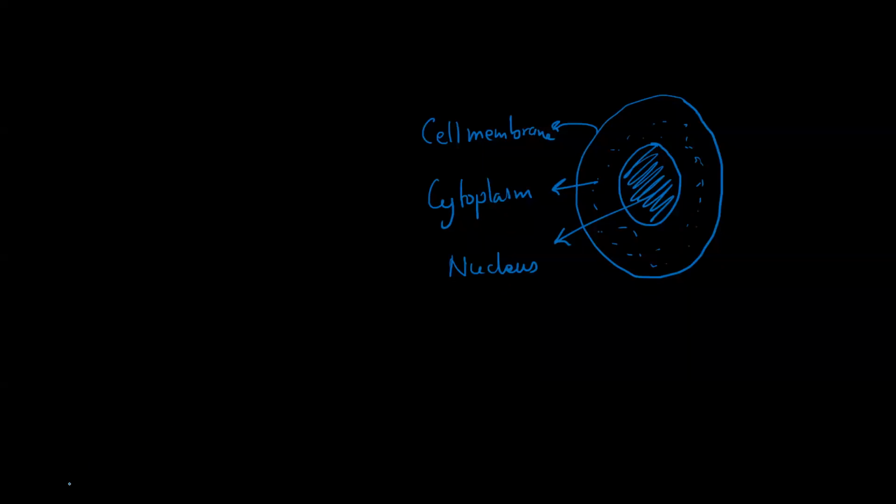Structural organization of the cell is dependent on three structures. The first thing is the cell membrane. It is the boundary which is limiting or holding the components of the cell. Who will hold all the components inside the cell? The cell membrane, so that the cytoplasm cannot flow anywhere.